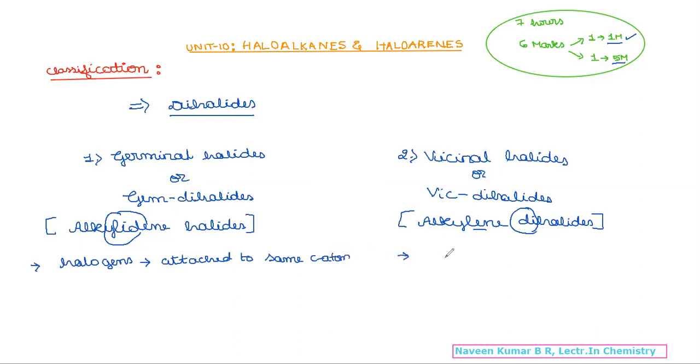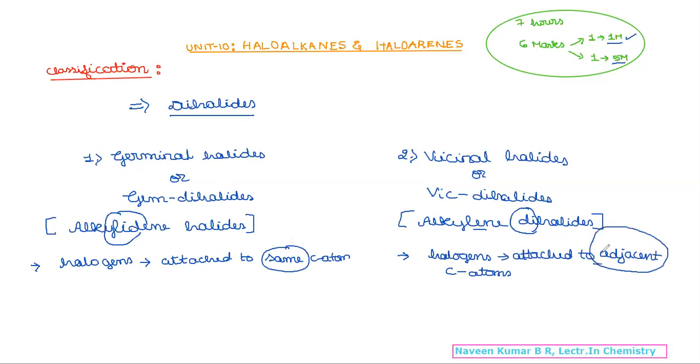Whereas in the vicinal type, the two halogen atoms of the dihalide are attached to adjacent carbon atoms. That makes the difference between the two. To the same carbon atom, it is germinal. To the adjacent carbon atoms, it is vicinal.